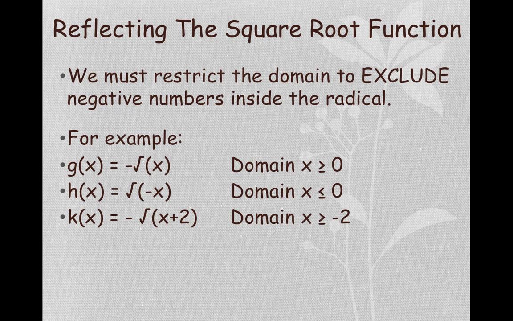K of x equals the opposite of the square root of x plus 2. Well, this x now has to be greater than or equal to negative 2. Because if I have a number that is less than negative 2, like negative 3, then negative 3 plus 2 is going to give me a negative 1 right here, and I cannot take the square root of a negative number.